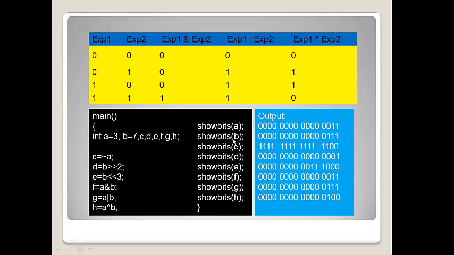Next, showbits of b. B is 7, and the binary form of 7 is 111. Then c is equal to the 1's complement of a. A consists of 0 0 0 0 ... 1 1.